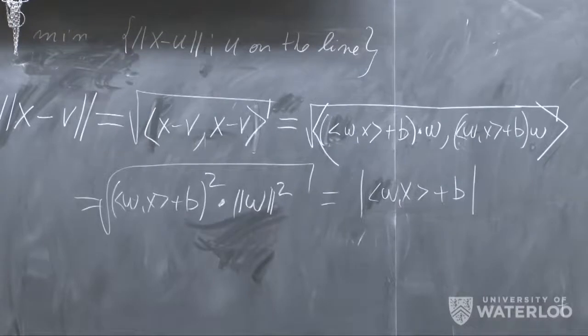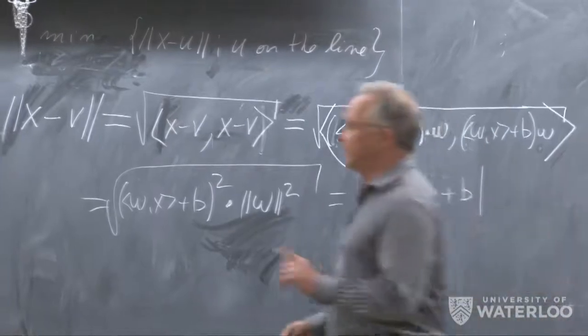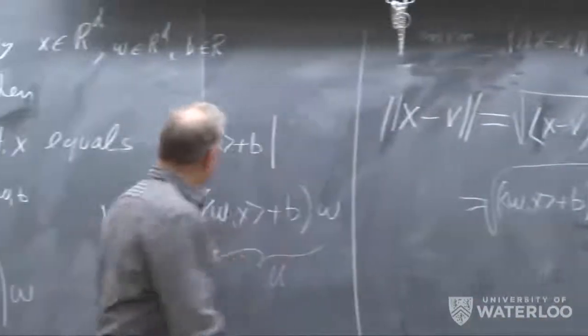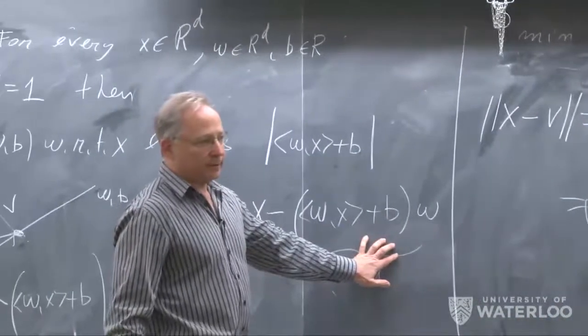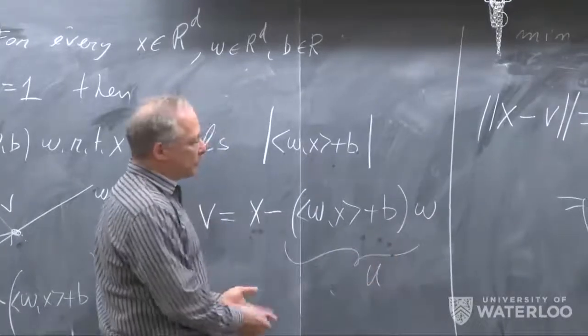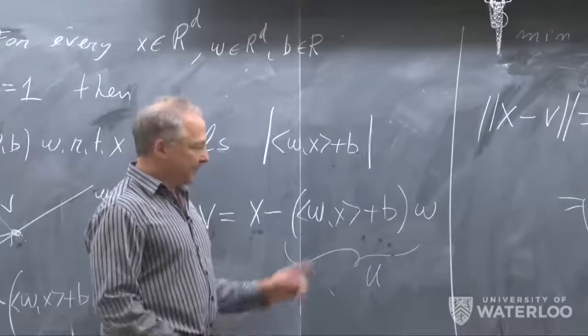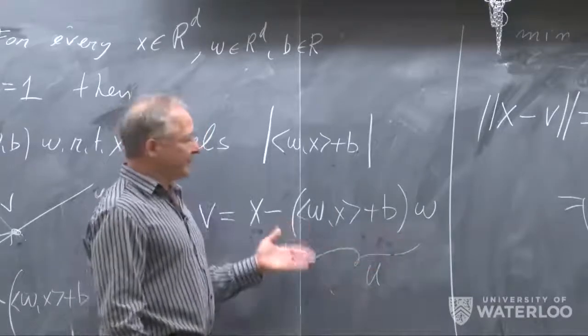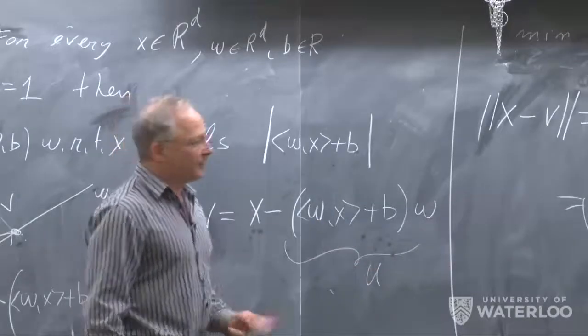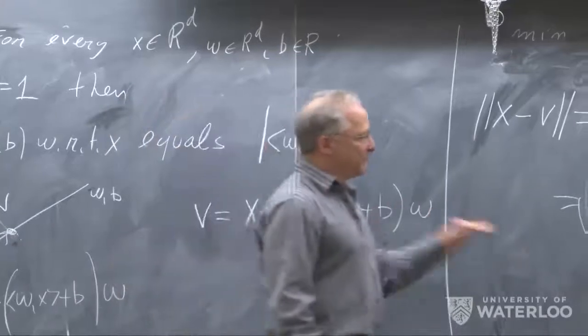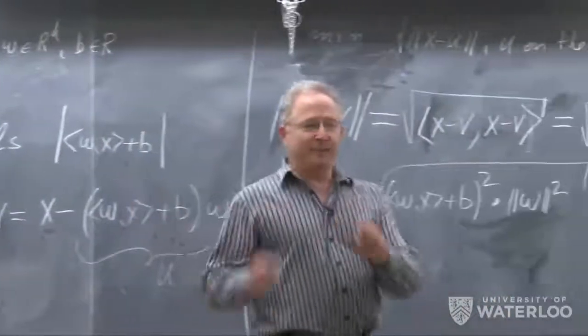Sorry, is v a point on the line, or is v the distance between? No, v is the distance between x and its projection on the line. Now I need to show you that this is a point on the line, and that this is better than any other point. I will not do these 2 claims because I'm burning too much time.